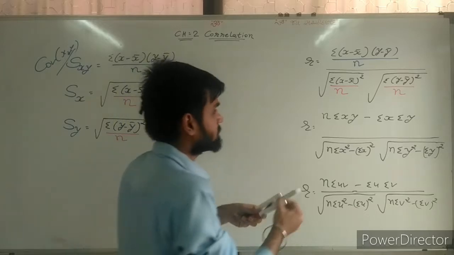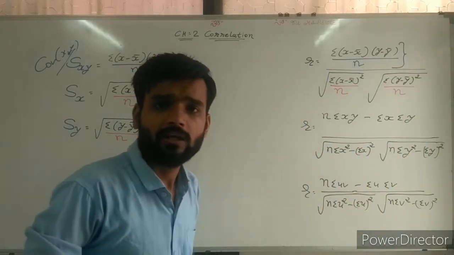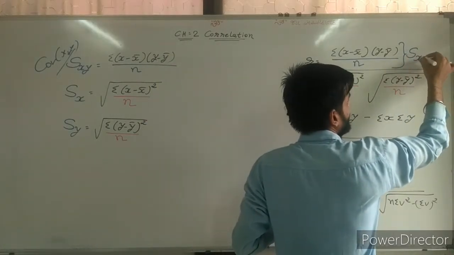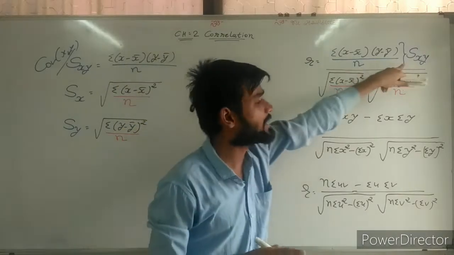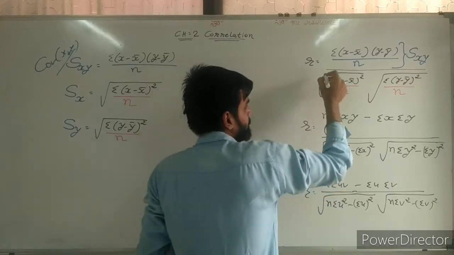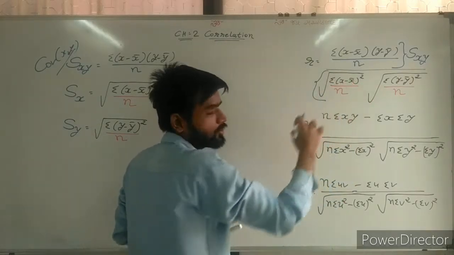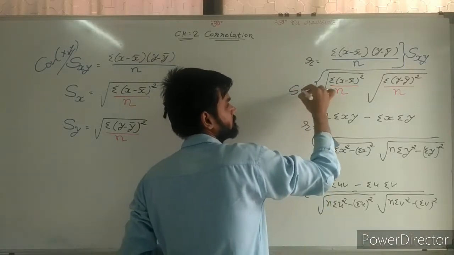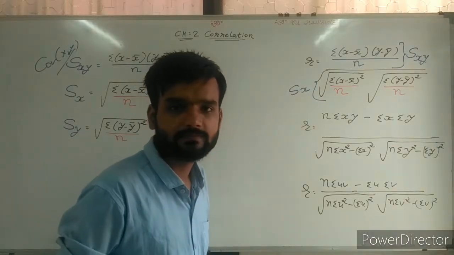So can I say here, this numerator is called Sxy? Yes, divided by n means Sxy. In the same way, this under root sigma (x minus x bar) square divided by n is known as Sx.